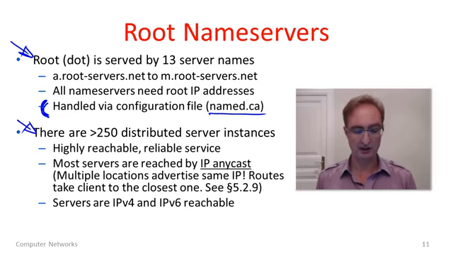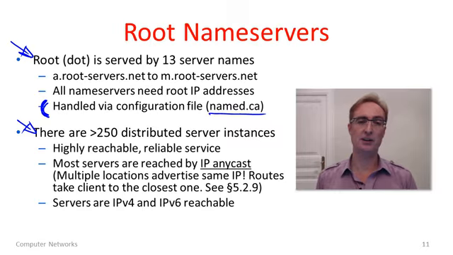This is essentially a very clever trick, where multiple different physical locations around the internet advertise the same IP address. If you just assign them all the same IP address, what's going to happen? Will the internet break? Well, no, actually. What routing will do is it will take you to the closest place that IP address can be reached.